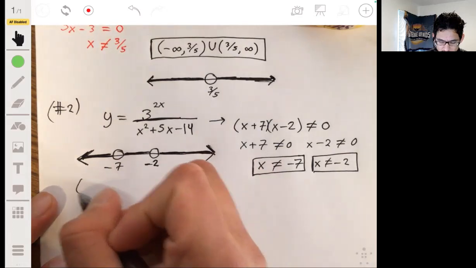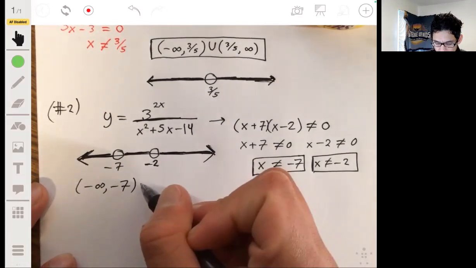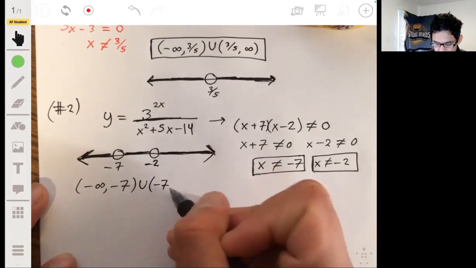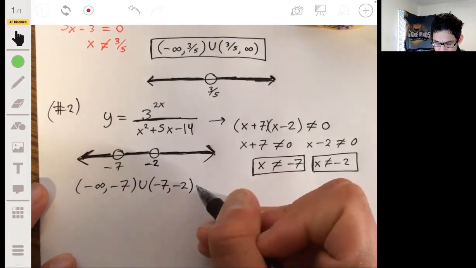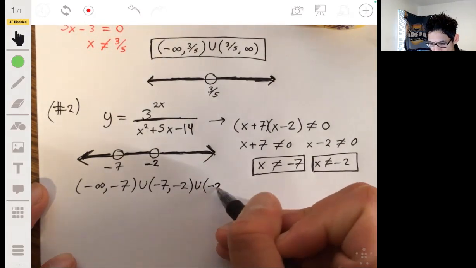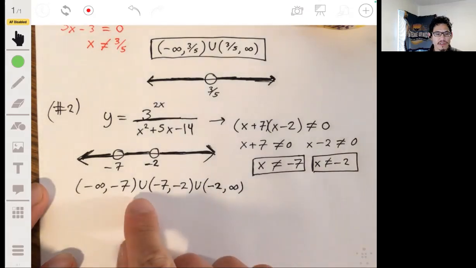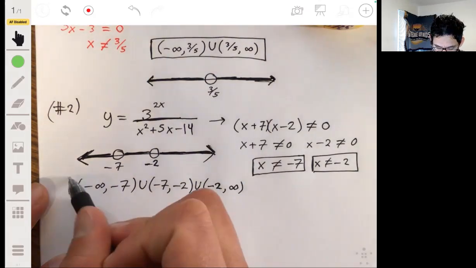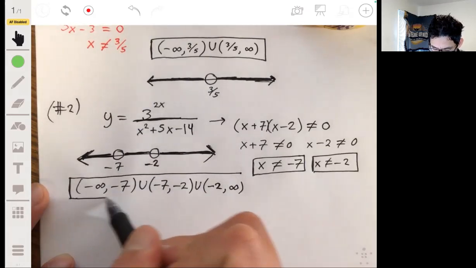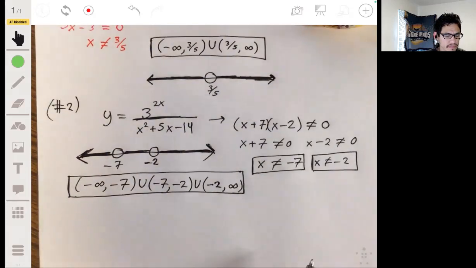So using interval notation: -infinity, comma, -7, union, -7, comma, 2, union, 2, comma, +infinity. And parentheses around all of those because we don't include any of those values. So that's our domain in interval notation.